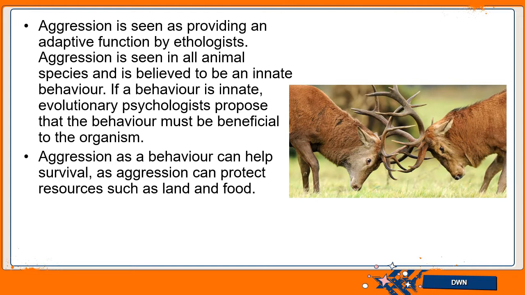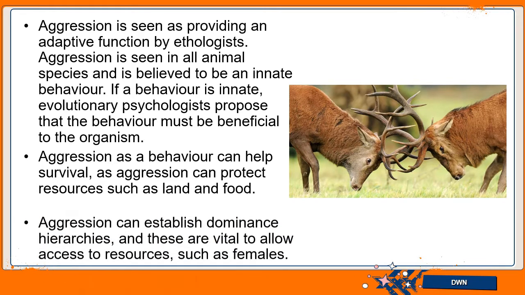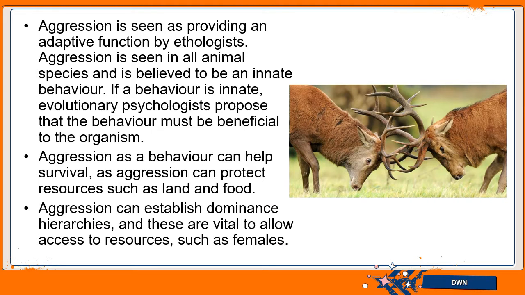The picture here is of two stags rutting, which is quite common in the stag world and is used to secure dominance, to decide which stag within the herd is the alpha male, and that gives him the pick of the females.